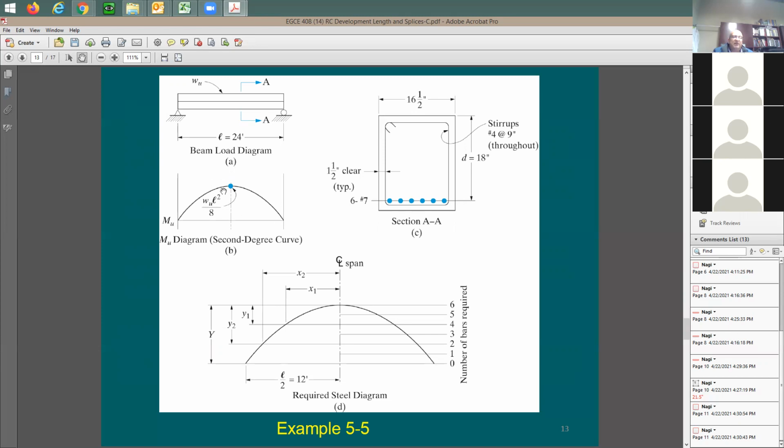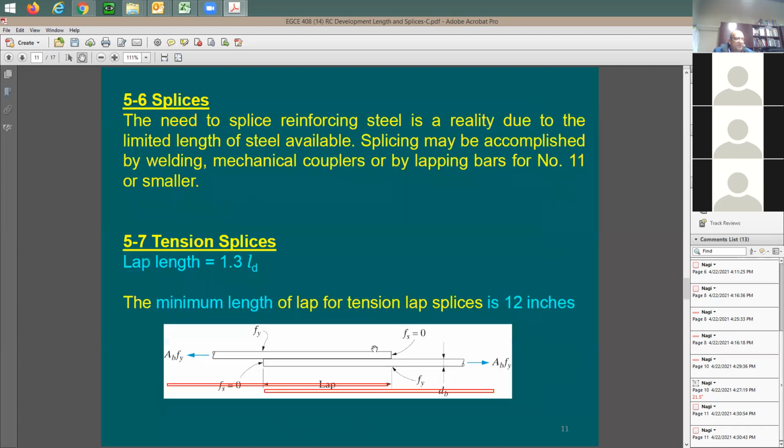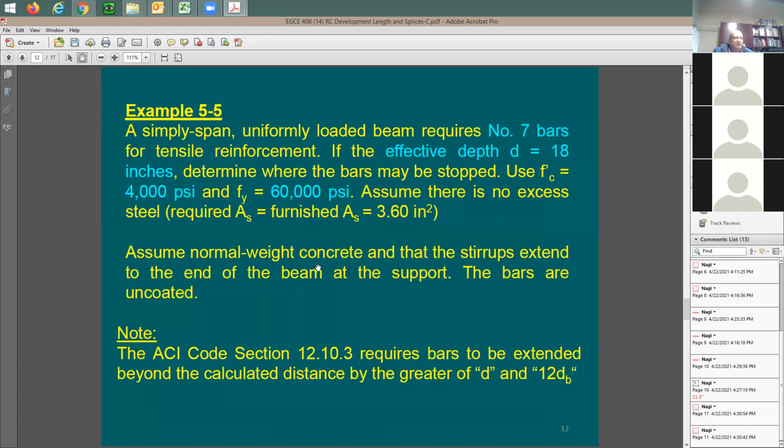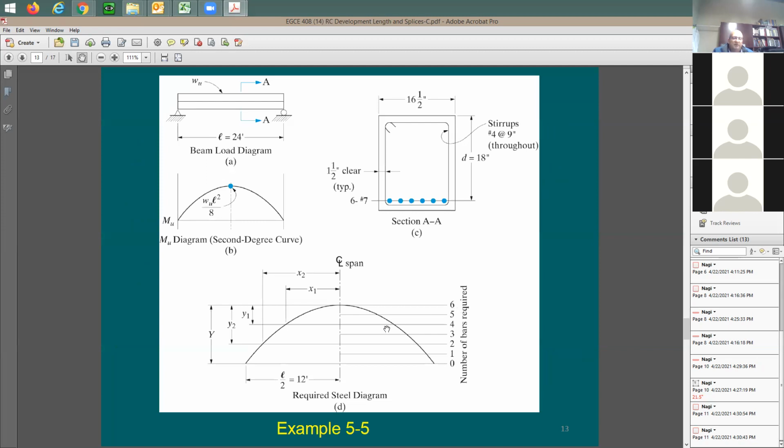I don't know the exact value of the moment, but this is not critical. I know that the moment demand is going to be equal to the capacity, as it says here, this is the required. They said As required is the same as As provided, 3.6 square inches. So whatever we need, we're just able to provide. So capacity here matches the demand exactly.